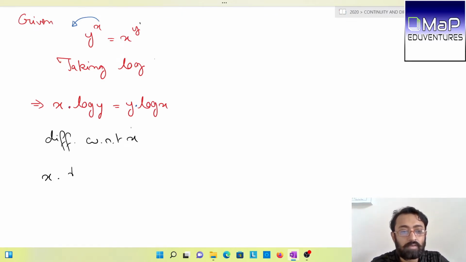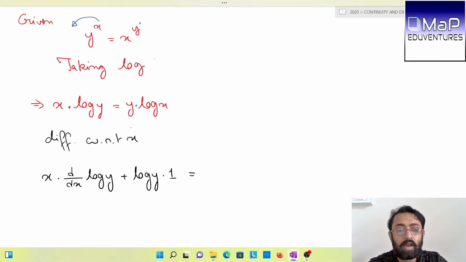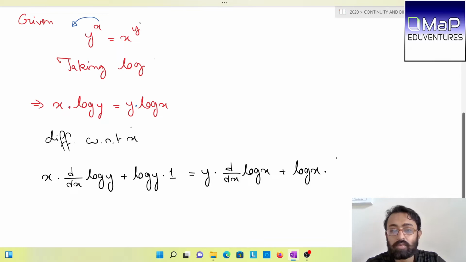That is x into ddx of log y plus log y into ddx of x. Similarly, right hand side y into ddx of log x plus log x into ddx of y, which will be dy by dx.